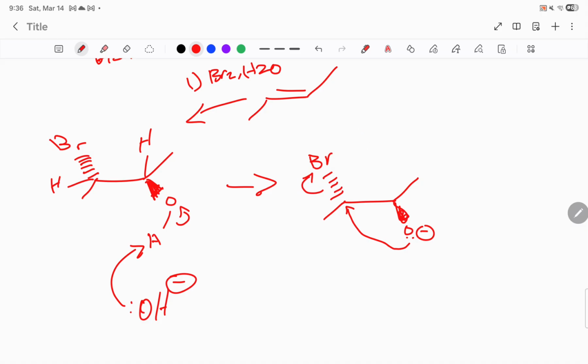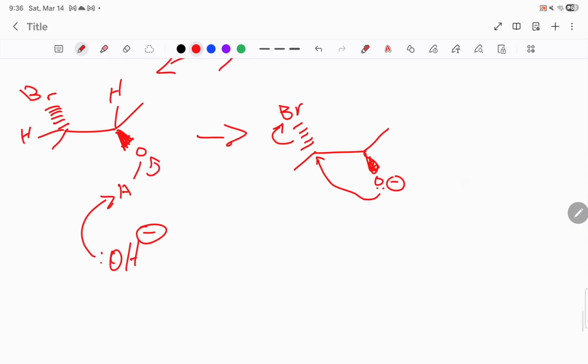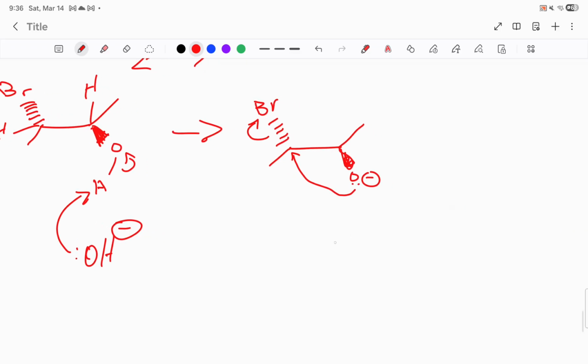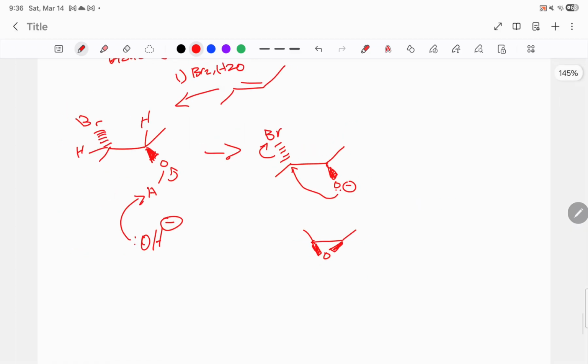It takes the electrons with it. And so now we end up with this product, and that's our epoxide right there. And of course, this bond can rotate and turn into that. But there you have it.